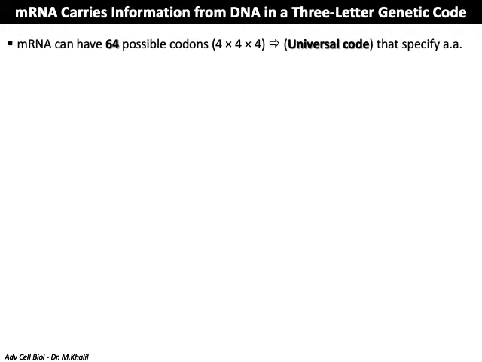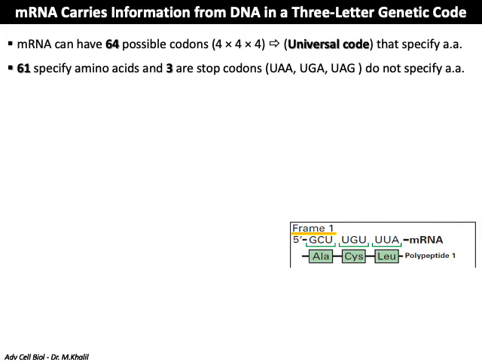Messenger RNA carries information from DNA in a 3-letter genetic code. Messenger RNA can have 64 possible codons, 4 by 4 by 4, which is a universal code that specifies amino acids. 61 specify amino acids, while 3 stop codons do not specify amino acids.